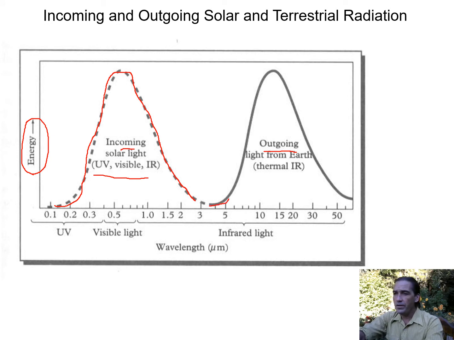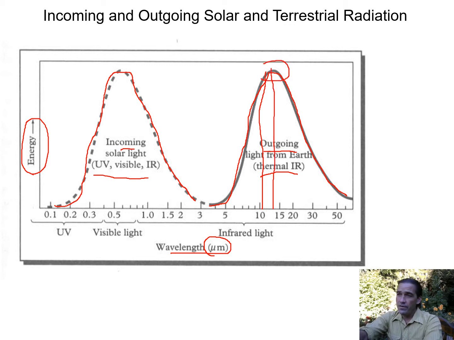And then the outgoing, though, is shifted way to the right, and it is in the infrared and shifted so far down that we call this thermal infrared heat. And so we see that the wavelength here, now this is in microns rather than nanometers, so right here we're looking at about 10,000, maybe 12,000 nanometers in terms of the peak of the outgoing.